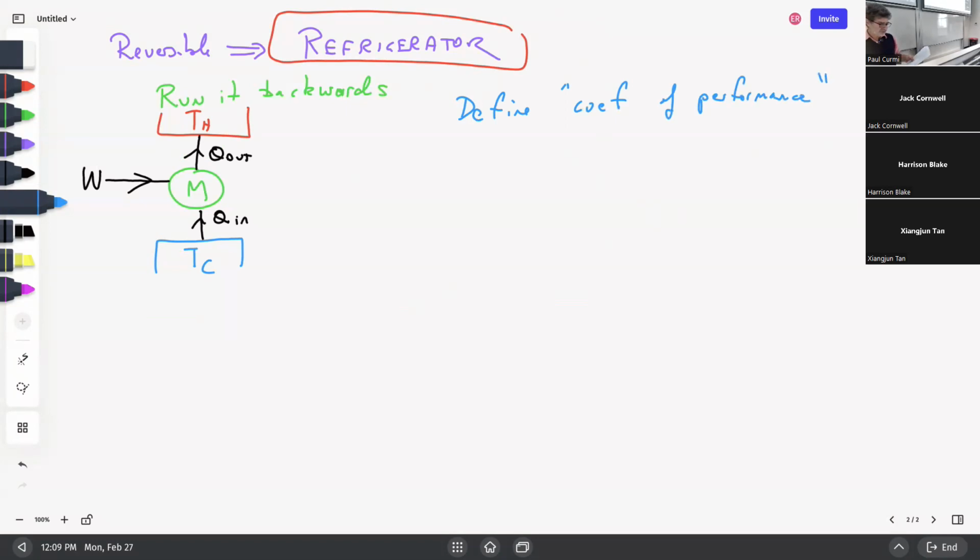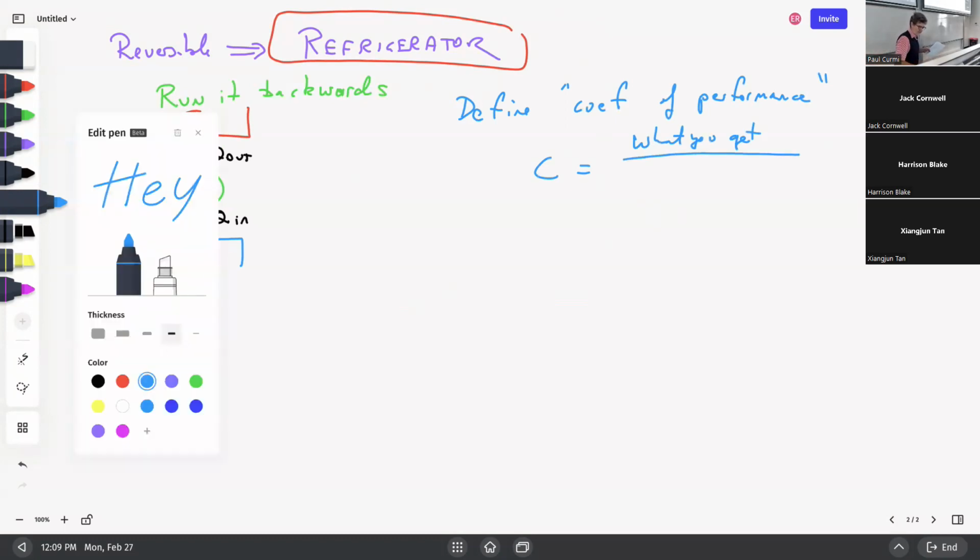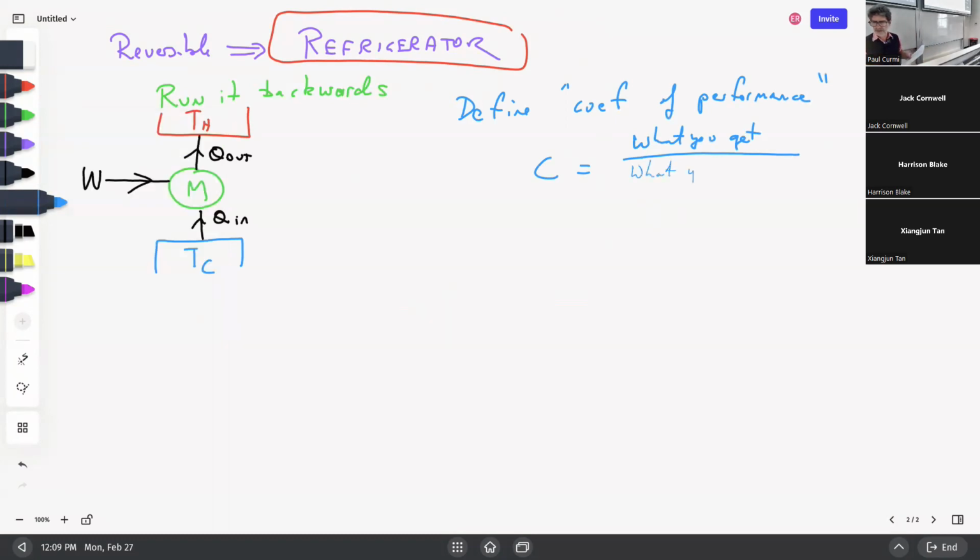Rather than efficiency, the coefficient of performance, C, is what you get divided by what you pay. What I get is sucking heat out of the cold bath, and what I pay is the work.